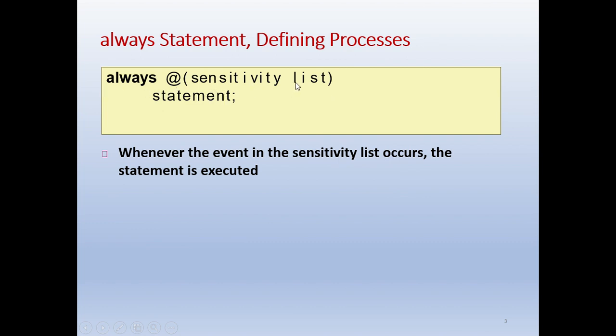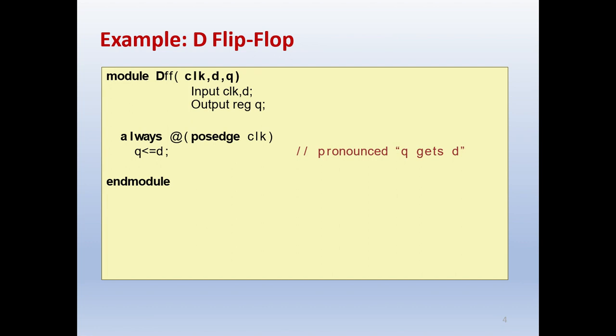In the earlier combinational circuit programming, with always at an input, the output changes only when that particular input changes. That is the sensitivity list; it can be a single element or multiple elements. A change on that element will make changes in the output. So whenever an event in the sensitivity list occurs, the statement is executed.